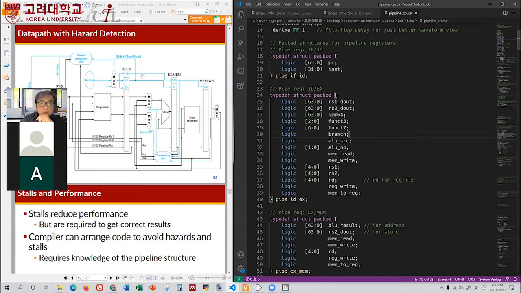For example, the instruction data flows from instruction fetch to the write back stage, and the corresponding control signals also go along with these instructions through the pipeline stages. So you need to consider the timing of instructions and the timing of control signals in pipeline processors.